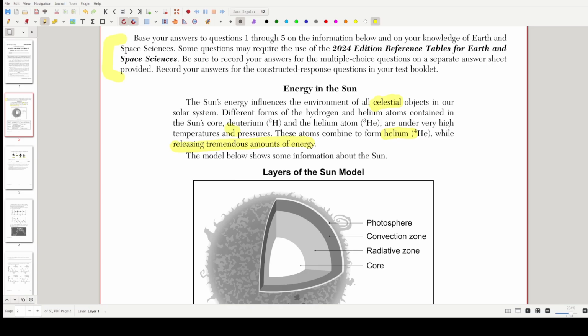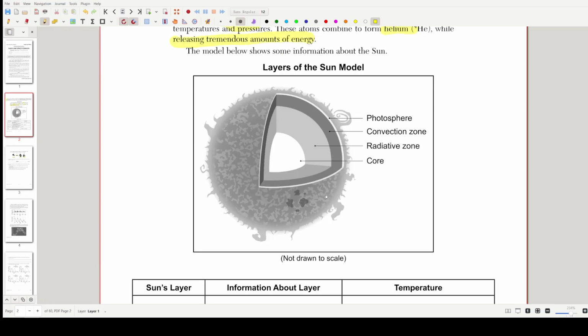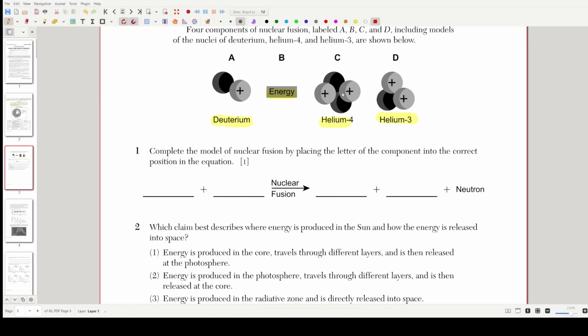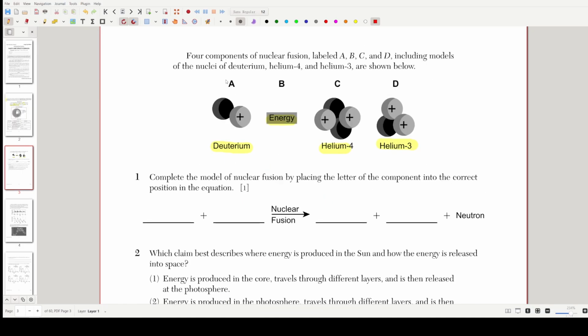So we want to start with H, 2H, and 3He. That's what we need in the first two blanks. So that's this one. And then 3He is D. So that's how I got those two.